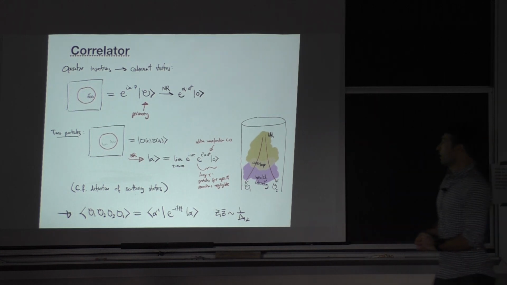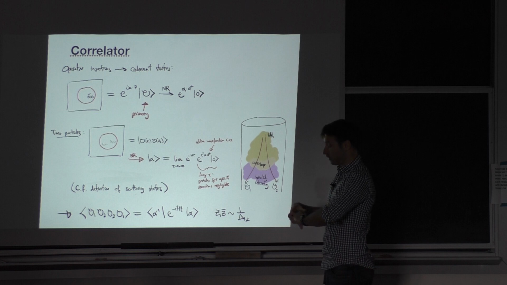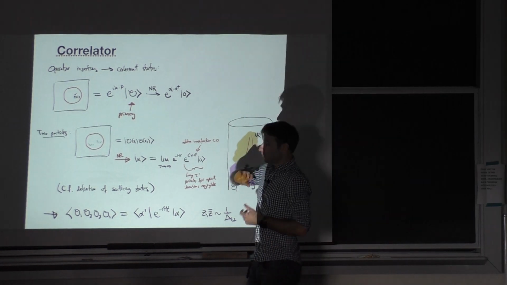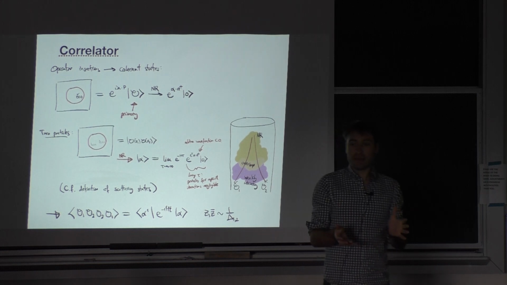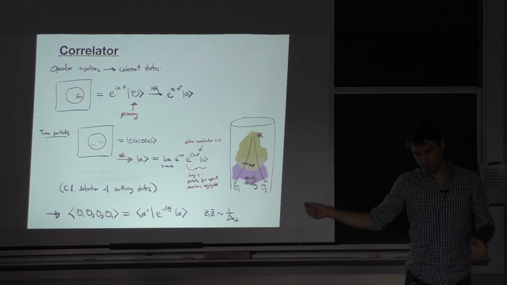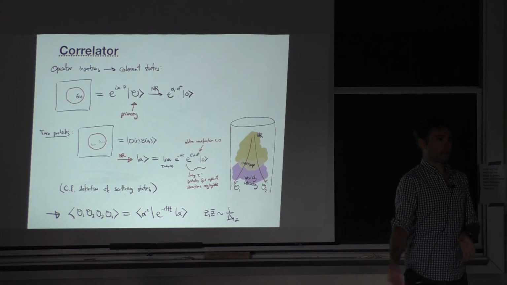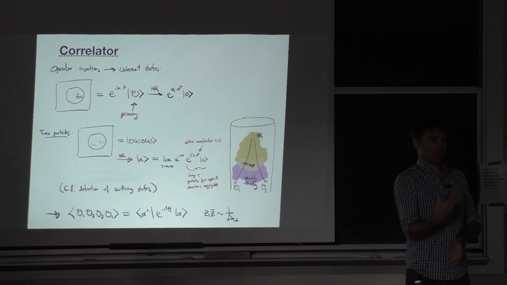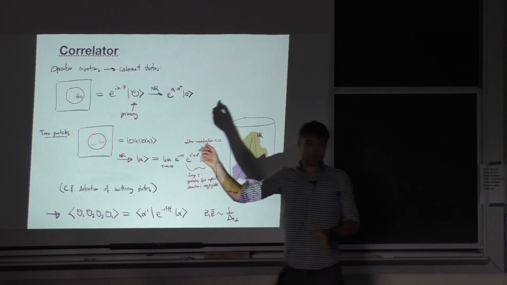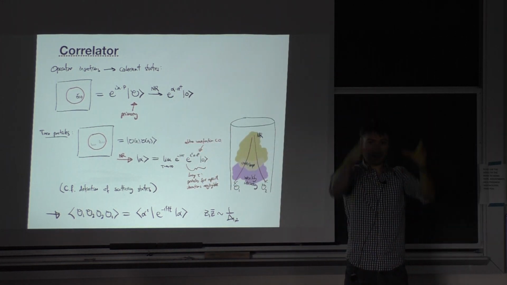Okay, so let's talk about these correlation functions. The key point here is that if we want to talk about correlation functions in the CFT, we need to know how we think about operator insertions on the boundary in some arbitrary location in terms of our bulk theory. There's one easy thing that we can do, which is we have our cylinder.